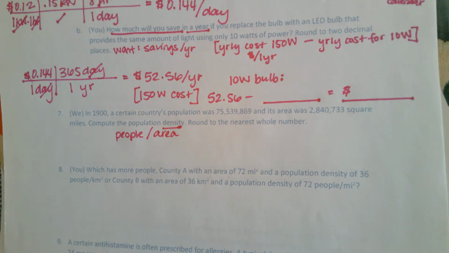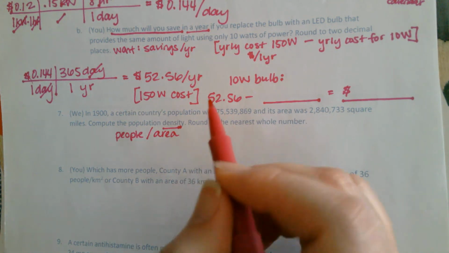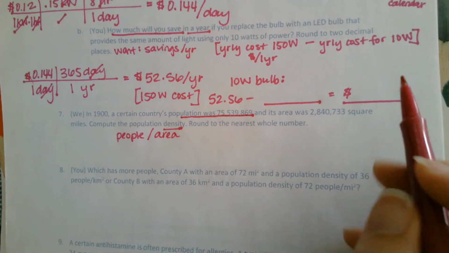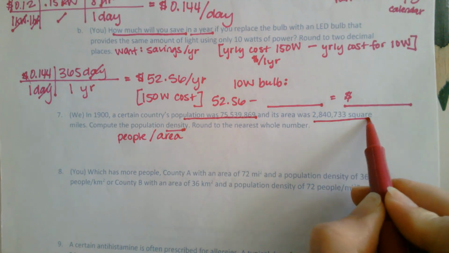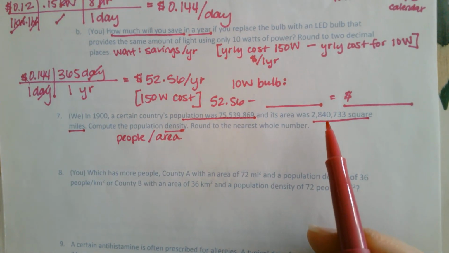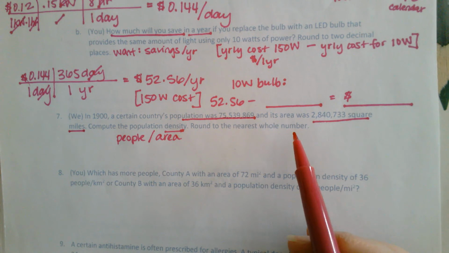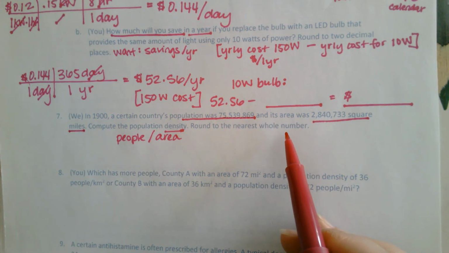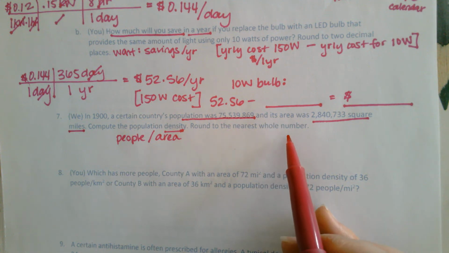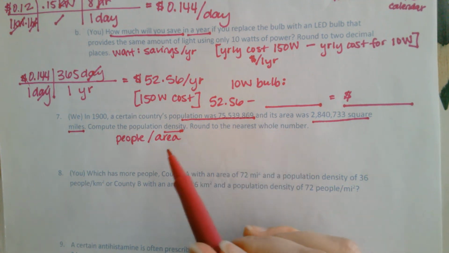So if we want people per area, well, we have a population of this, so that's the number of people, and then we have this many square miles. So both of those are describing the same thing, same country. And so we can put it as a fraction, so one over the other. Now which one we put over the other depends on what we want.